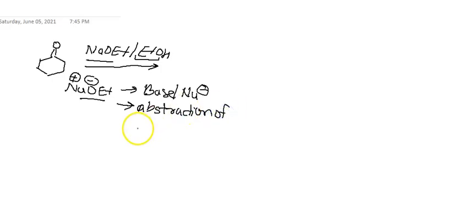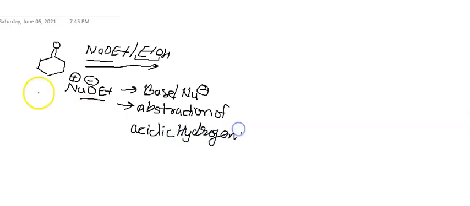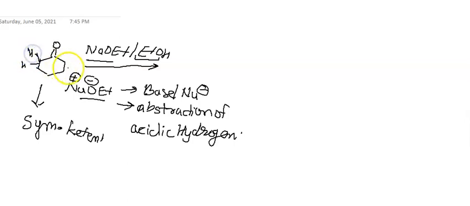Abstraction of acidic hydrogen. See, there is a ketone, but this ketone is a symmetric ketone. Here there are 4 hydrogens, 2 hydrogens here and 2 hydrogens here. Both sides are equally acidic, so I will remove any one from here.